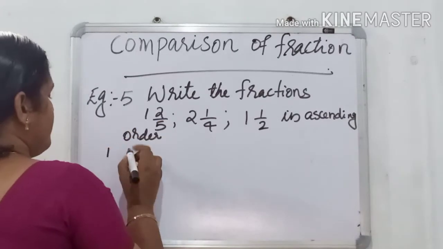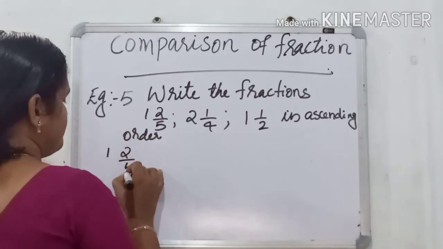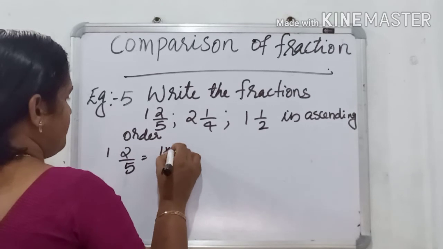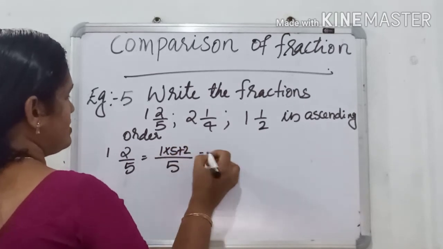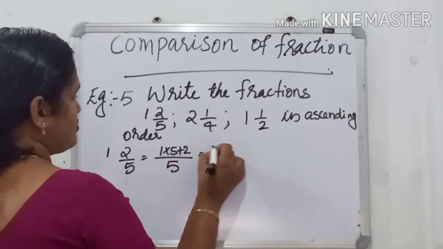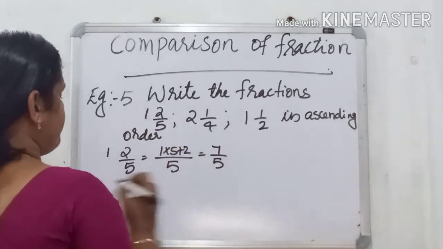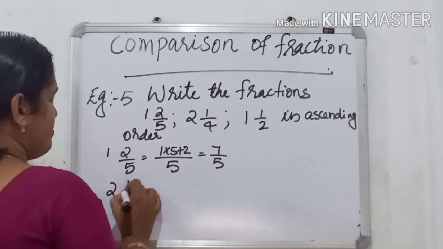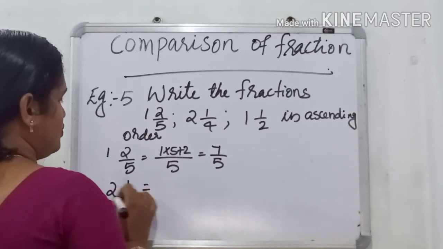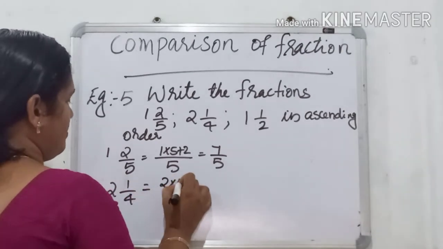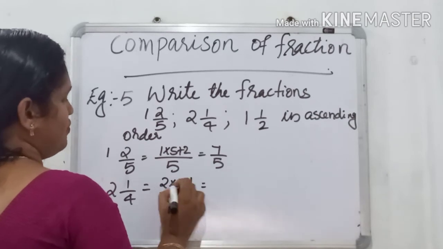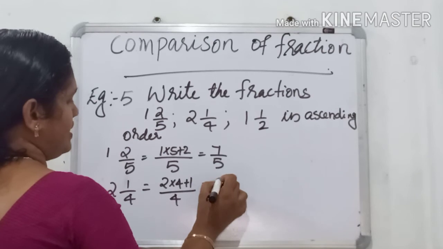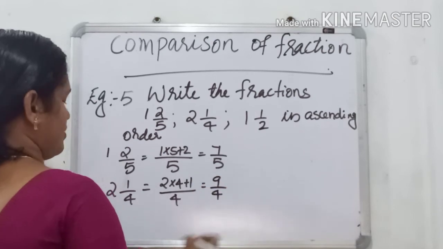1 2 by 5 equals 1 into 5 plus 2 by 5, which equals 5 plus 2, 7 by 5. 2 1 by 4 equals 2 into 4 plus 1 by 4, which equals 2 4's are 8, 8 plus 1, 9 by 4.